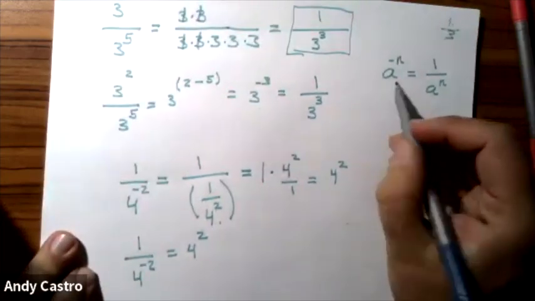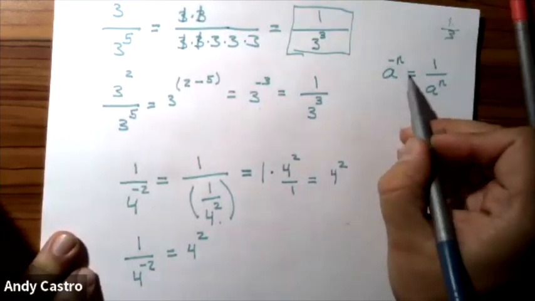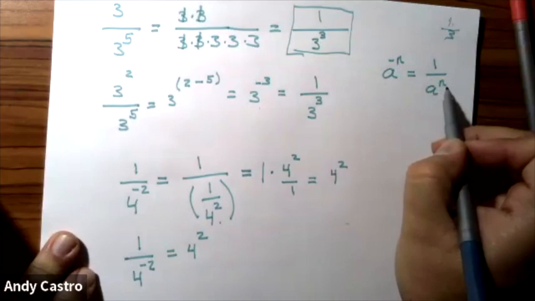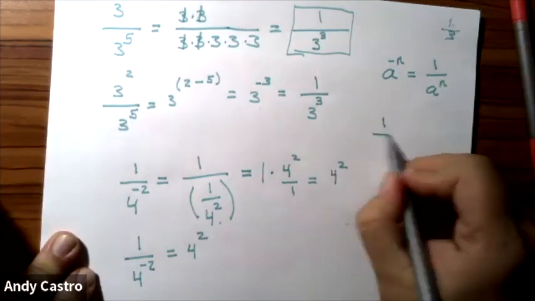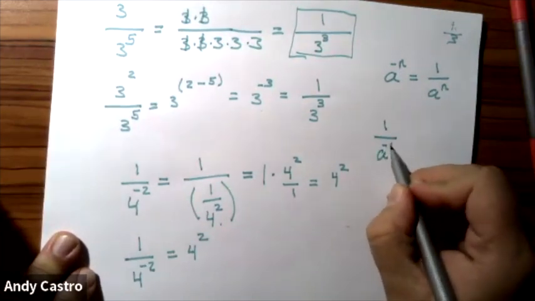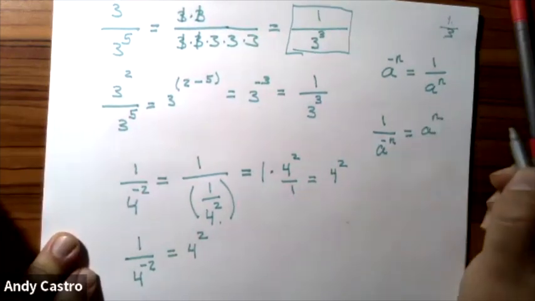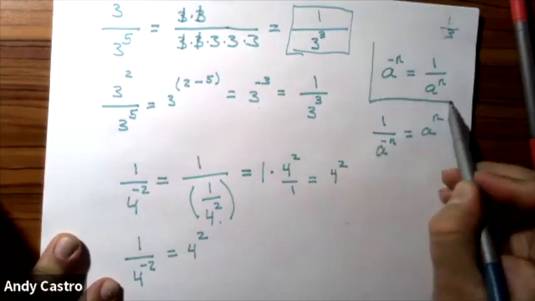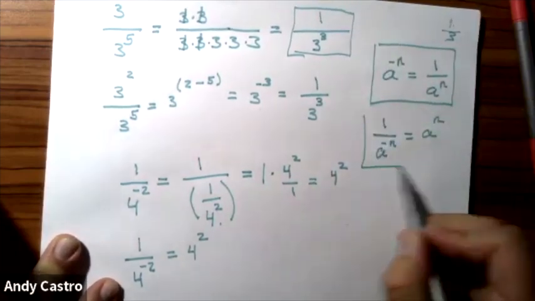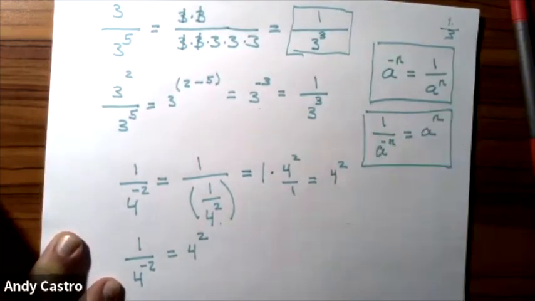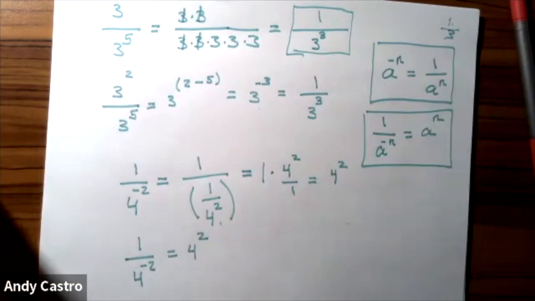So a to the negative n is equal to 1 over a to the n, and then 1 over a to the negative n is equal to a to the positive n. Those are my next two general principles.